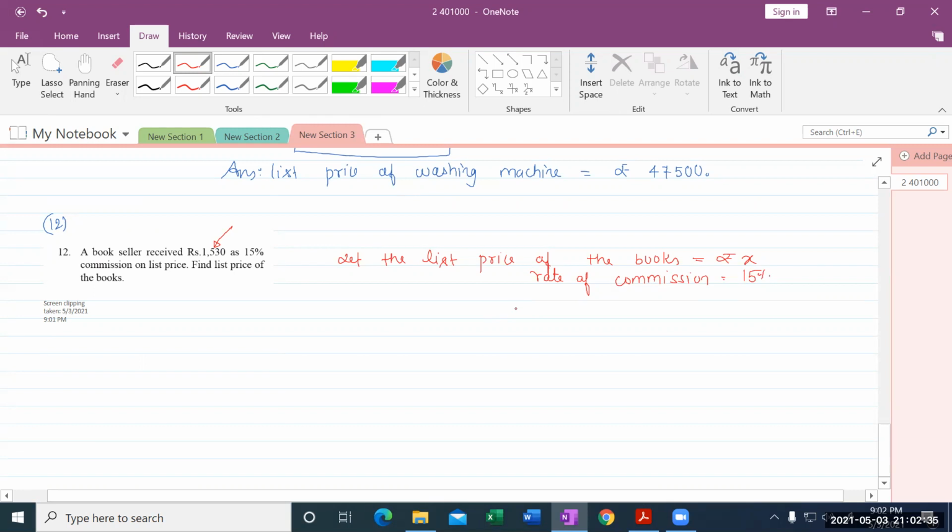So I will get the commission, which is 15% of X, which is 5 threes are 15 and 5 twenties are 100, that is 3X by 20. This is the commission, but the commission is given as 1530.